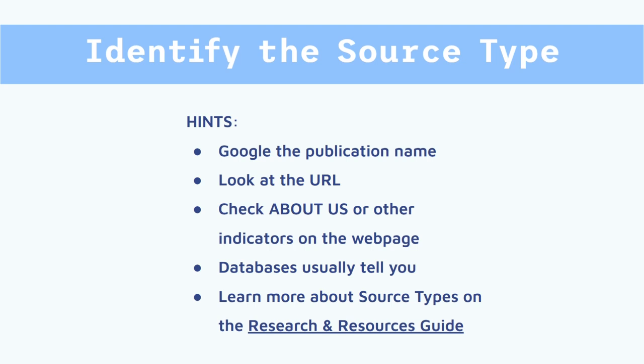You might have something about details. If you click on that, they'll usually tell you the source type. Another option is you can go to the SFCC library research guides and click on the research and resourcing guides, and you will find links to more information about source types.